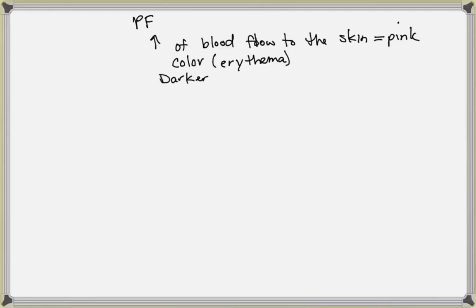Now in darker skin, this can be a lot harder to detect. So sometimes, and this is where it's really important to be able to advocate for your patients and make sure that you are looking for signs, because you can mistakenly minimize the disease that's causing issues in patients that have these skin color changes, because you have to be more aware and know what this looks like.